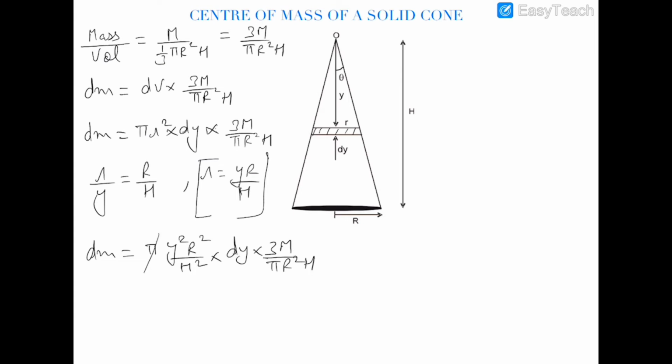Now this pi cancels with pi, this R square cancels with R square, and therefore dm is equal to 3m y square dy upon h cube.